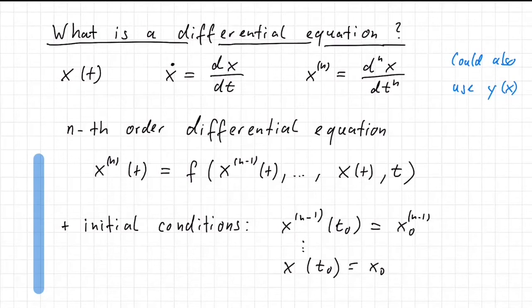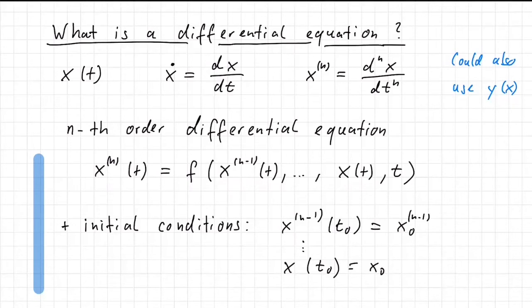Now, we also have to take derivatives, as I told you. We will introduce a shorthand, namely the first derivative of x with respect to t is denoted as x dot, and the nth derivative of x with respect to t is denoted by x to the power of, in brackets, n. Now, an nth order differential equation is an equation that involves derivatives up to nth order.